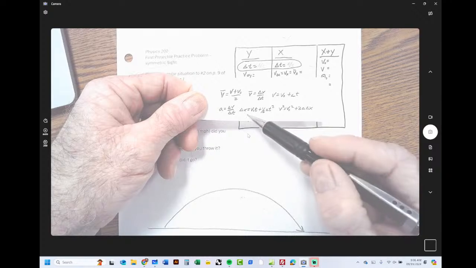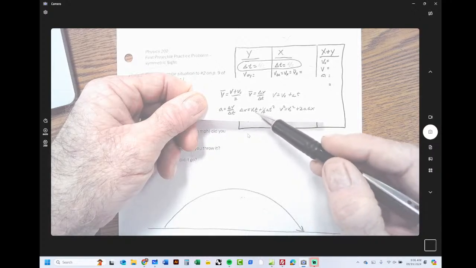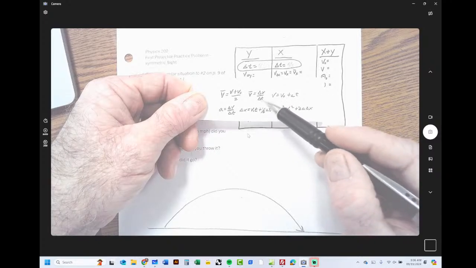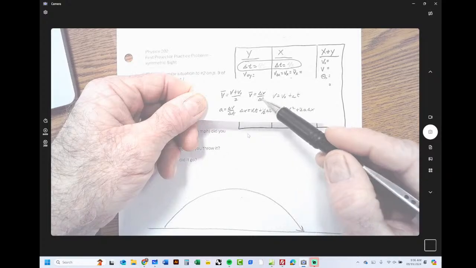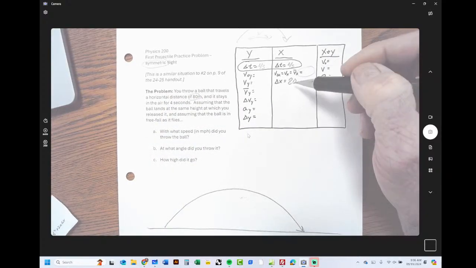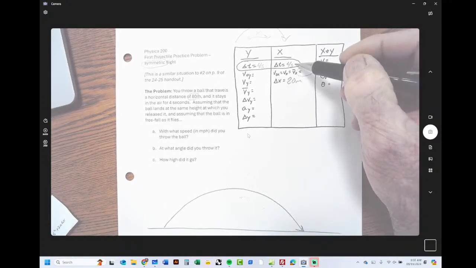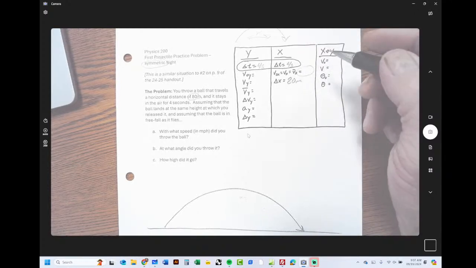This one, displacement equals v0 times t. That's true. That's basically this formula again, just rearranged. Displacement equals v times t. So if something travels 80 meters in 4 seconds and it's got a constant velocity the entire time, what's its velocity? 20 meters per second.